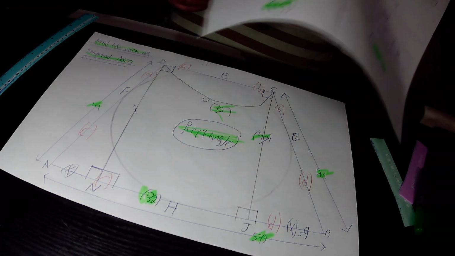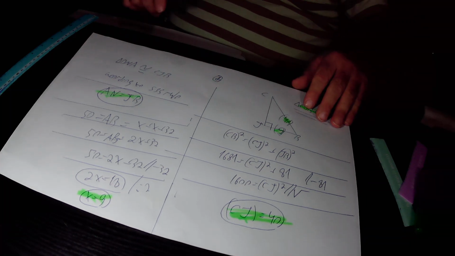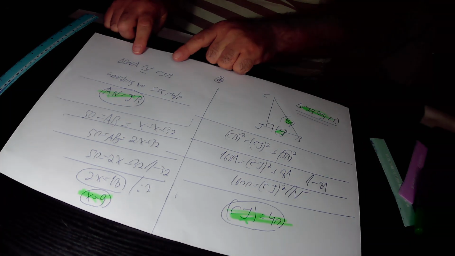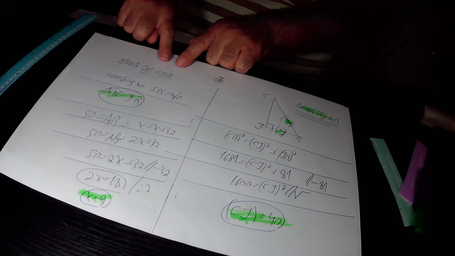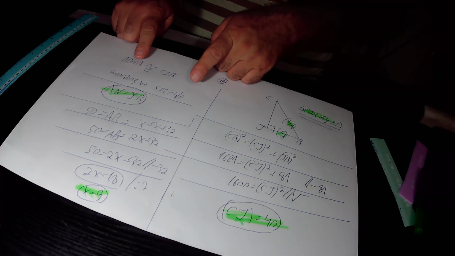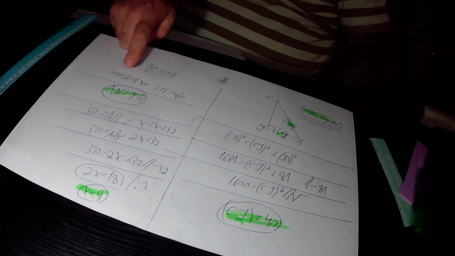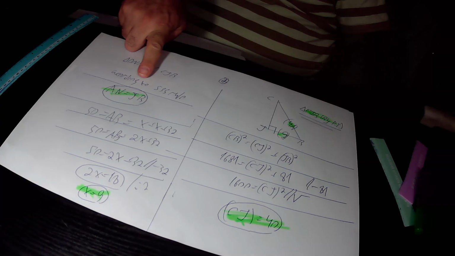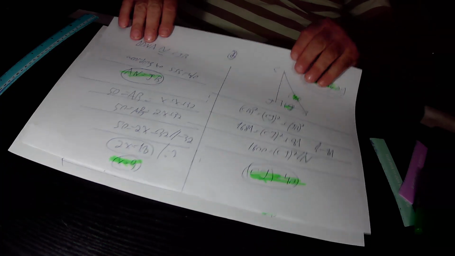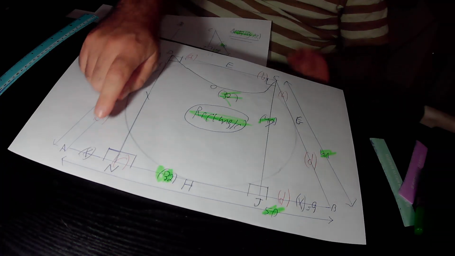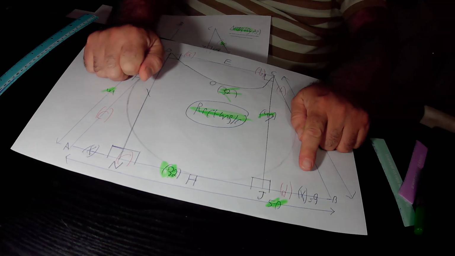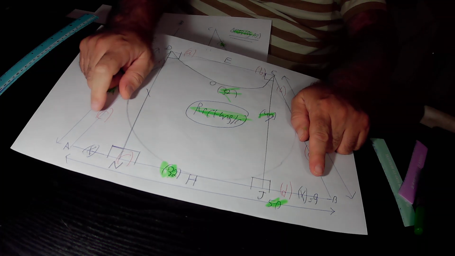So actually, the triangle DNA is congruent to the triangle CJB according to the side rule. And we already proved that side AN equals side JB. So if we define the length of side AN as x, then the length of side JB must also be equal to x because they are equal to each other.